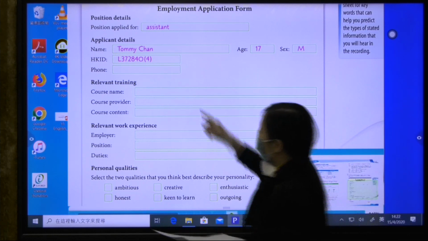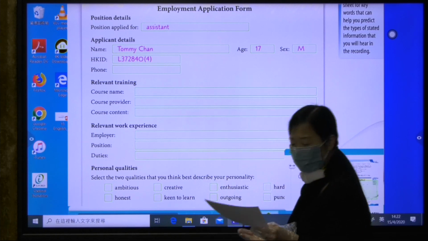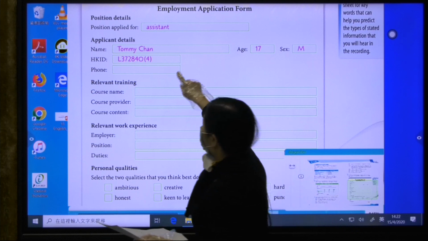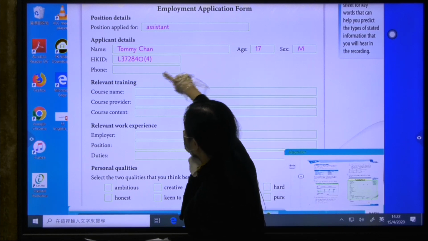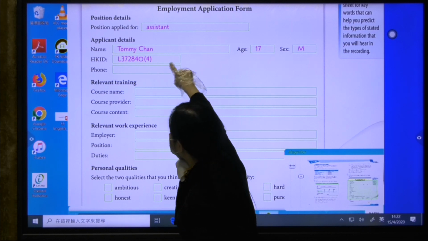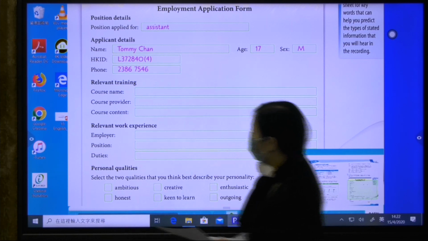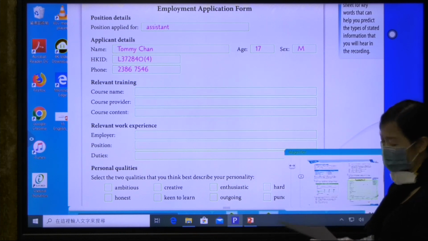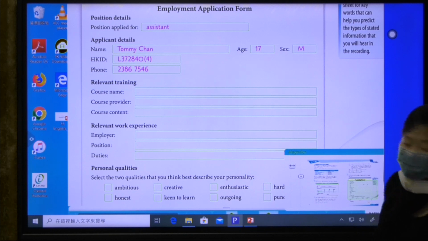And what about the phone number? Home phone or mobile? Home is better because the boss can reach Tommy anytime. And the phone, 2386 7546.